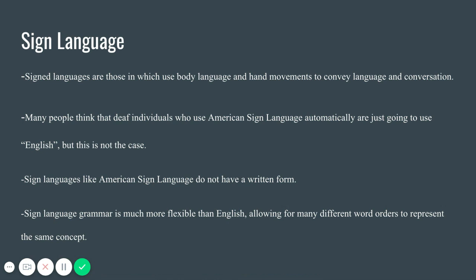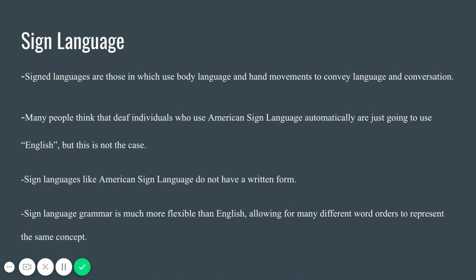Many people think that deaf individuals who use American Sign Language automatically are just going to use English, but this is not the case. Actually, American Sign Language and English are two totally different languages.